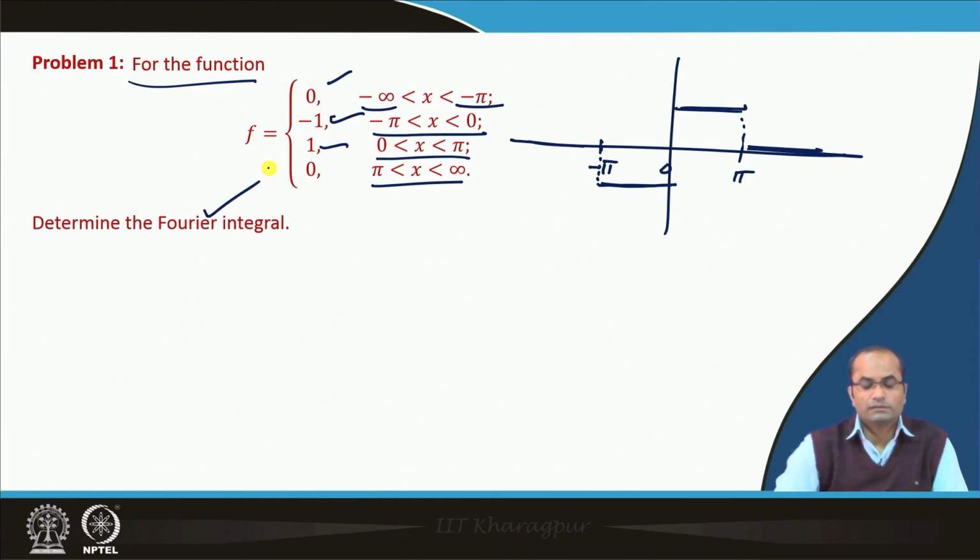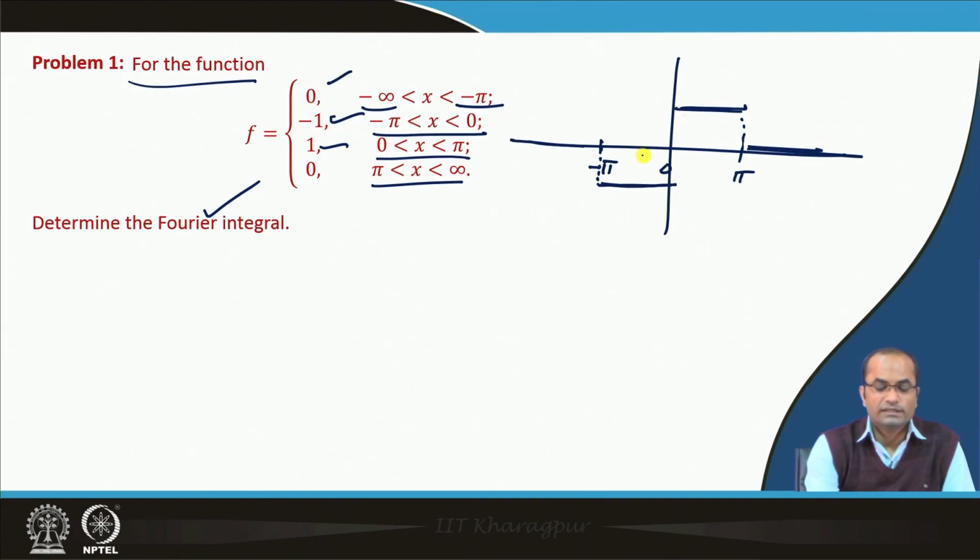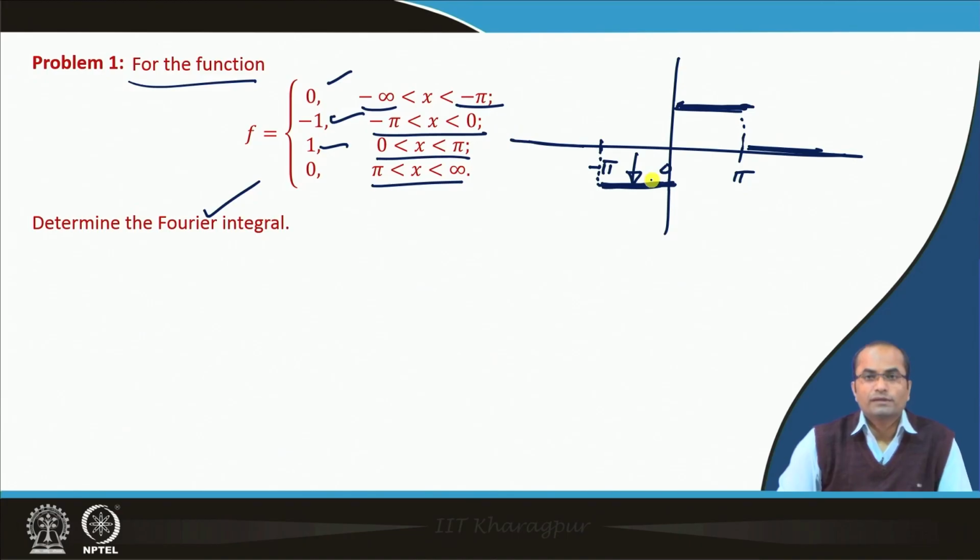What is to be noted in this case is that this function is an odd function. Whatever values we have for the positive range, it is just the negative of that in the negative range. So, this function is an odd function, and naturally the a alphas will become 0, and we only have to compute b alpha.